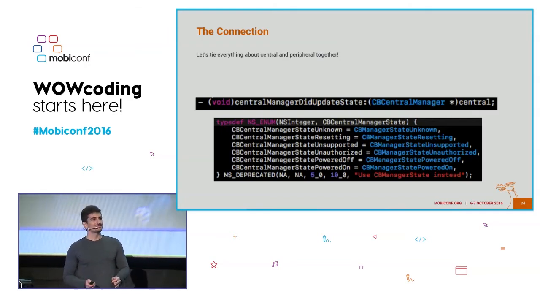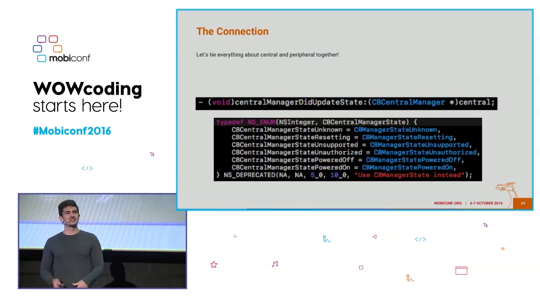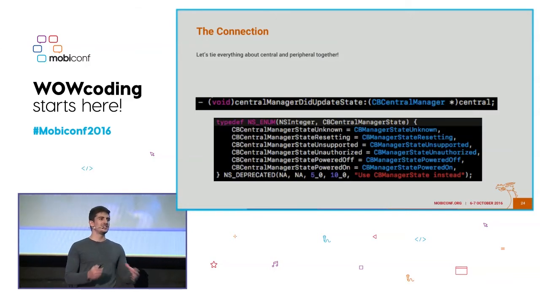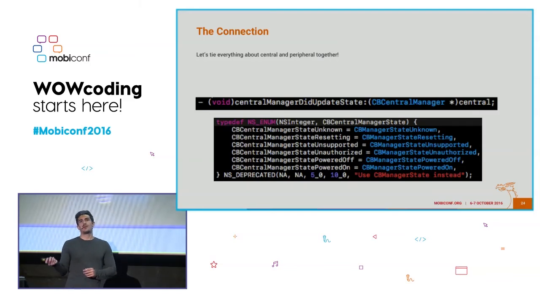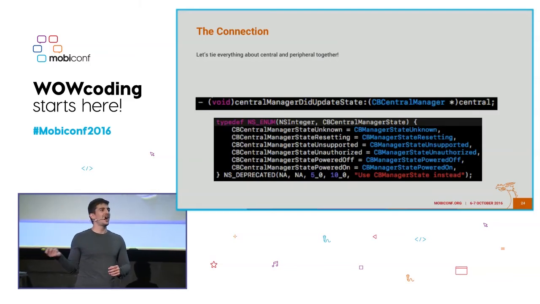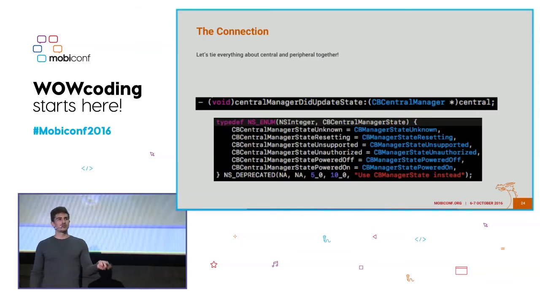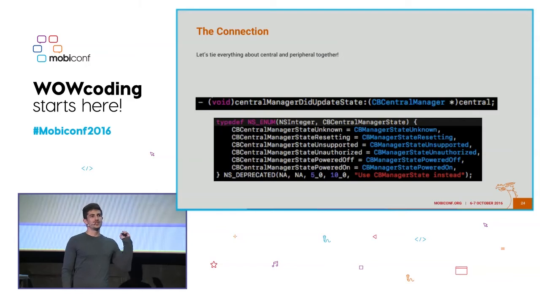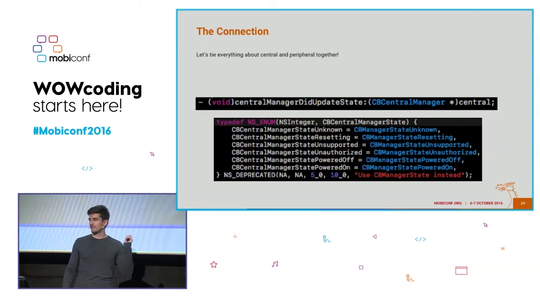It means that even if you have everything set up, you have 6, 7 devices discovered, you got all the identifiers, if something happens... Now, resetting is when the Bluetooth stack crashes. That's by my experience. It's not actually documented. It doesn't say exactly how it could happen. But from what I've seen, if you overload it, it could crash and it will tell you resetting. So that means that everything you stored, all the guys you were connecting to have to be rediscovered. They have to be updated, all the references.